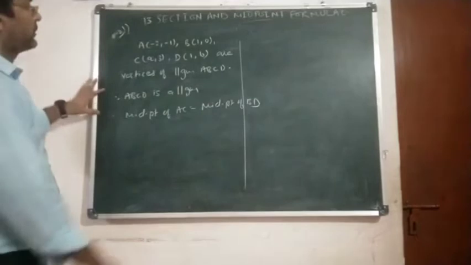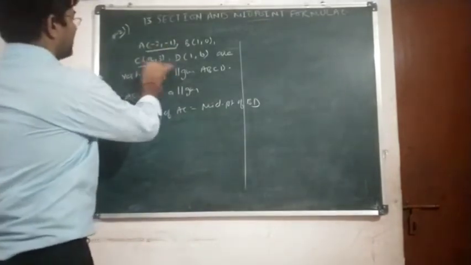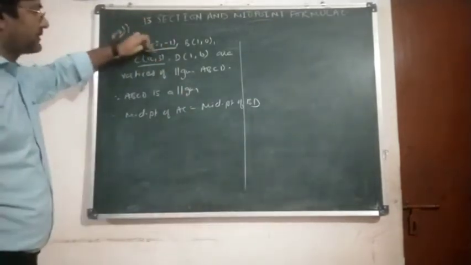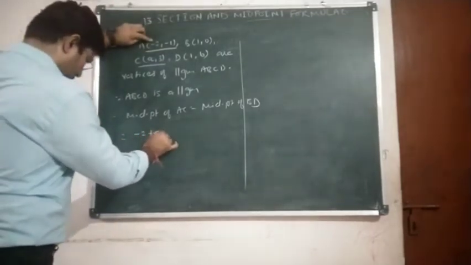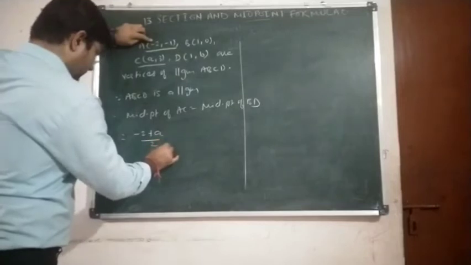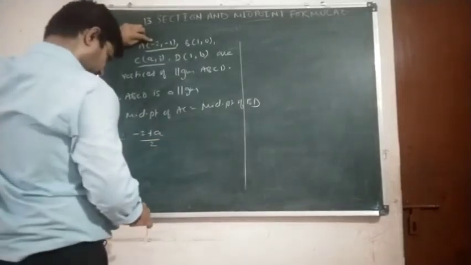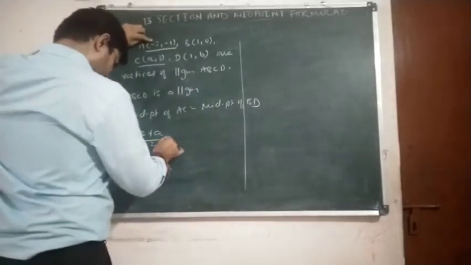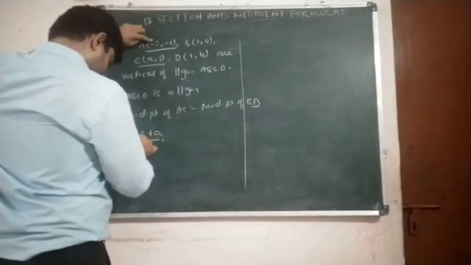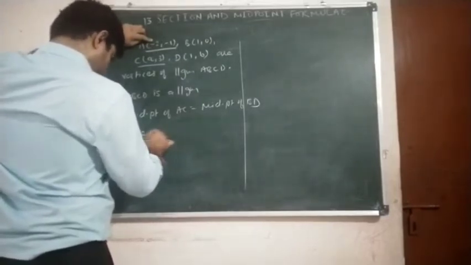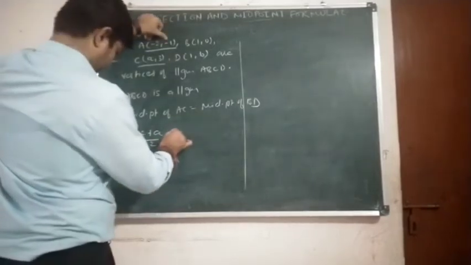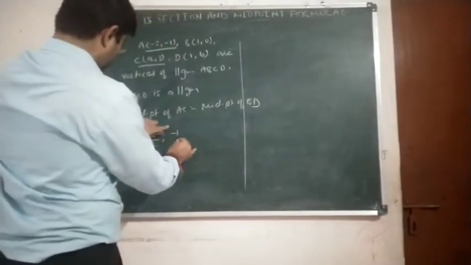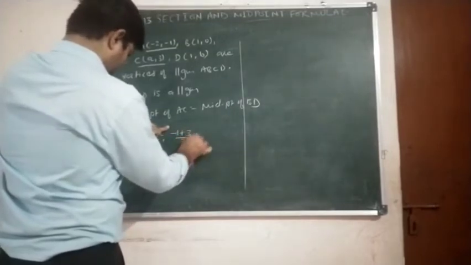So the midpoint of AC, with x1, y1, x2, y2, is (x1 plus x2) by 2, that is (-2 plus a) by 2, comma (y1 plus y2) by 2.